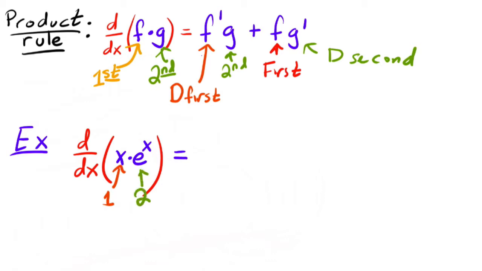Okay, so let's just go through this. The derivative of the first, so the derivative of x, is simply the number 1, right?